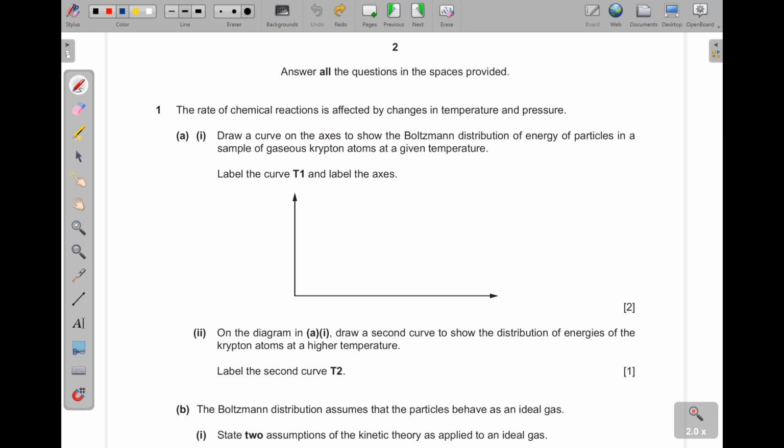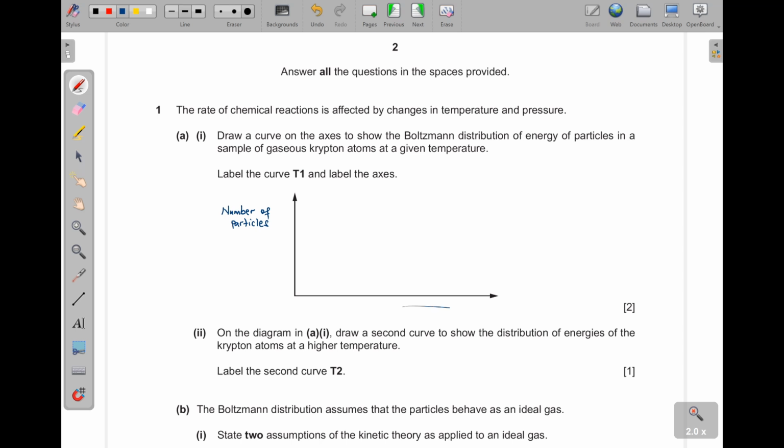Okay, so the axis, of course, the vertical axis is for the number of particles. Number of particles. And then the horizontal axis, here we have particle energy, where we find the activation energy, the minimum energy the particles need to react.